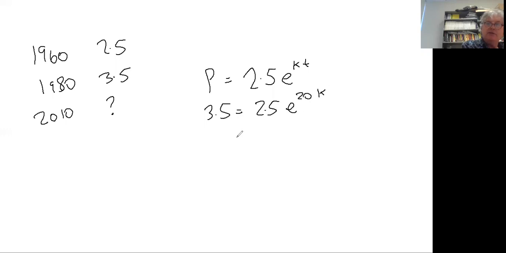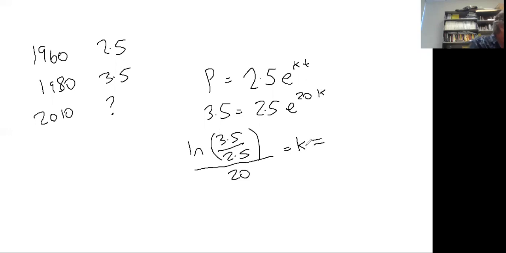We can use that to solve for k. So that means 3.5 divided by 2.5, and we take ln of it, and if we divide it by 20, then we get our k. And so k turns out to be around 0.0168.